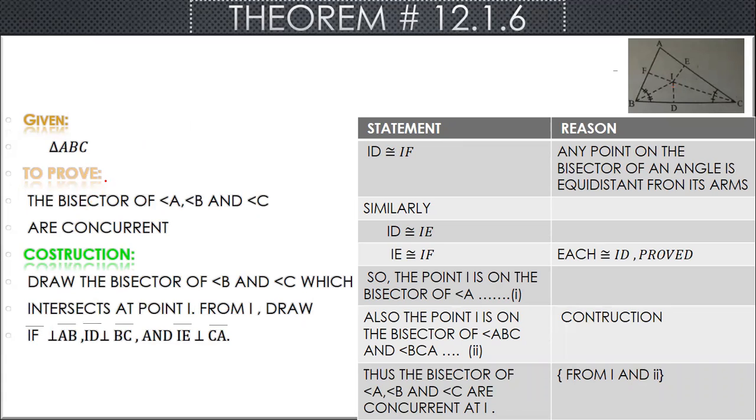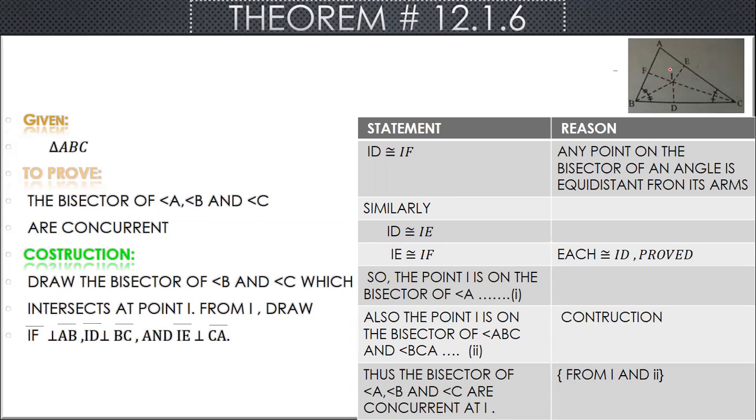Same here, we take the bisectors of any two angles and prove that the third angle bisector also meets at the same point, to prove the bisectors of angles A, B and C are concurrent. And the point of concurrency is called what? Incenter. The point of concurrency of the angle bisectors of the triangle is called the incenter.